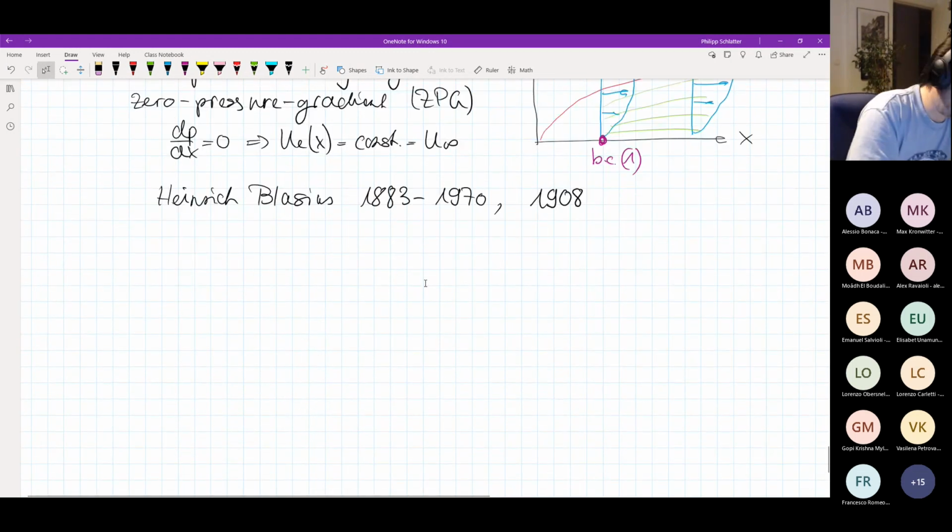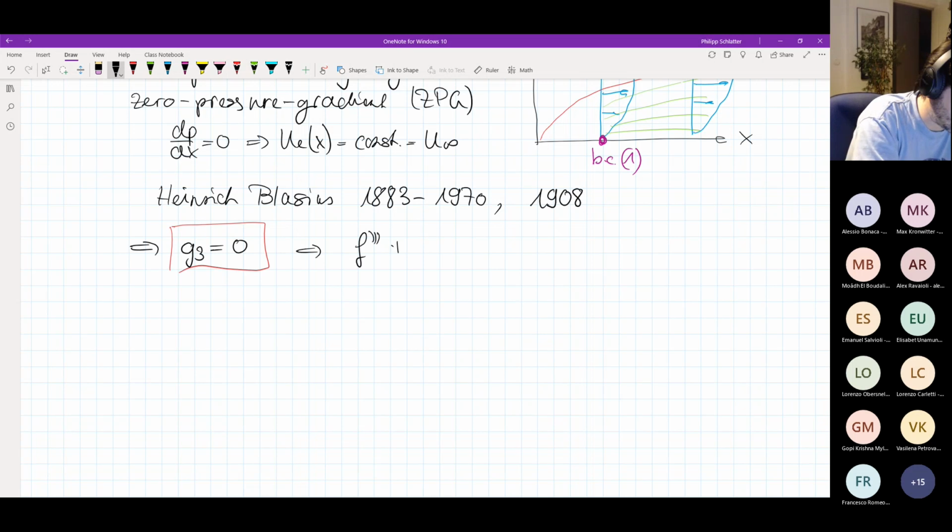So one immediate consequence is that G3 is actually 0. So that means now that our equation becomes f triple prime plus G1 of eta times f double prime equals f times f double prime times G2 of eta.